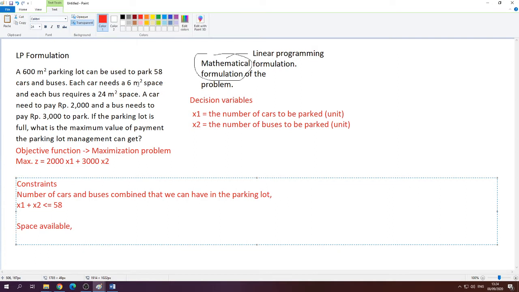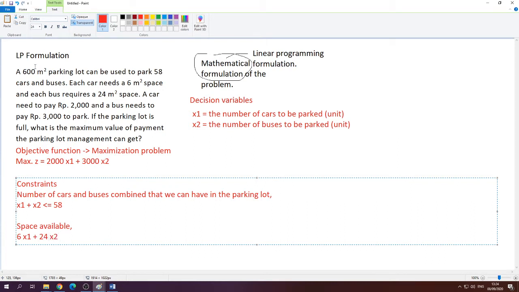Okay, so see that if we have two cars, then it will consume 12 square meters. So 12 means 2 times 6, right? So if we have x1 cars, it will consume 6 times x1. So 6 x1 plus, a bus requires 24 square meters of space. So if we have x2 buses, the amount of space that the buses consume will be 24 times x2, so 24 x2.